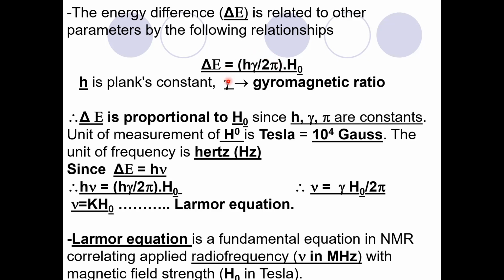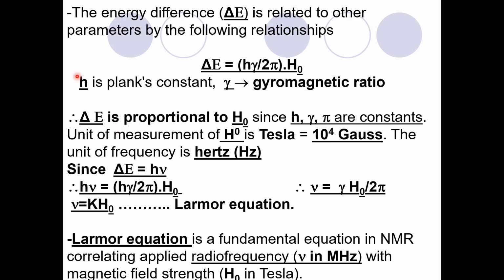Therefore, this part is constant, and there is a direct relationship between the energy difference and magnetic field strength. Therefore, the energy difference or energy gap is a function of the strength of the magnetic field.